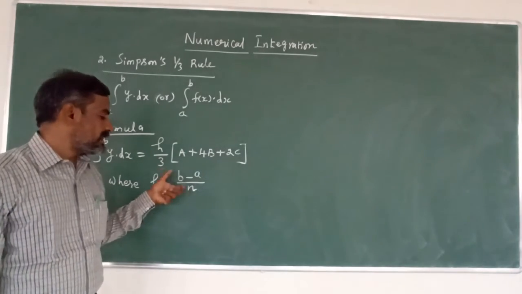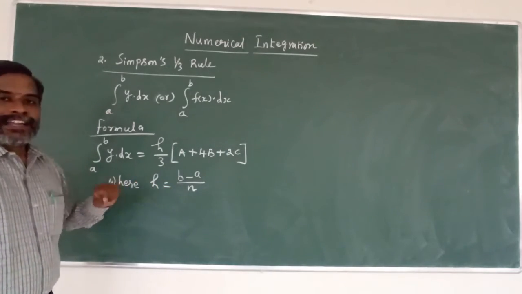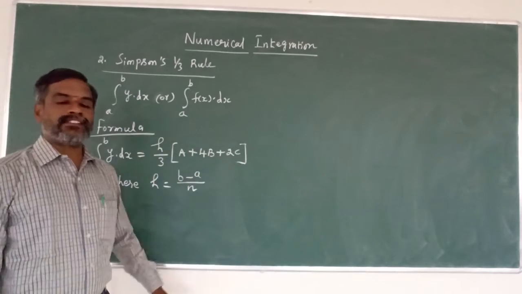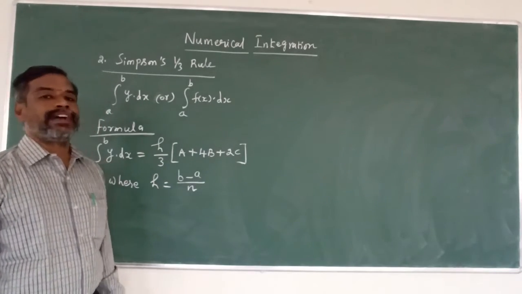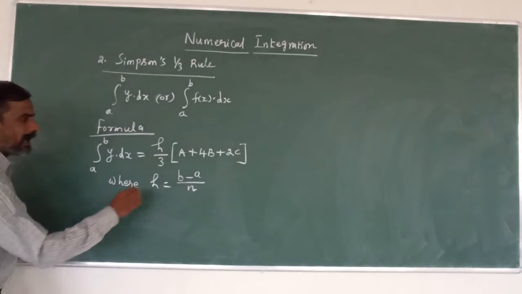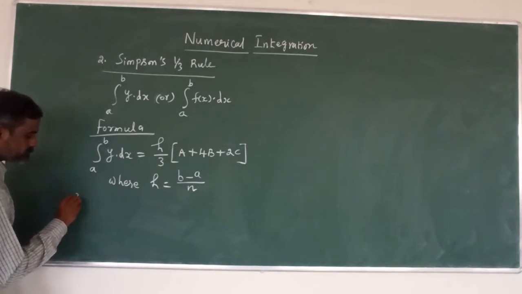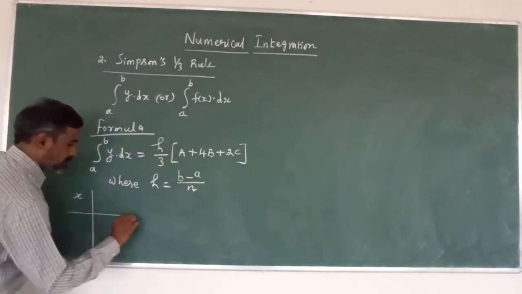Now dividing these two, we get the h value. h means the intervals between two x values. And how to find the A value? Suppose here is x and this is y.